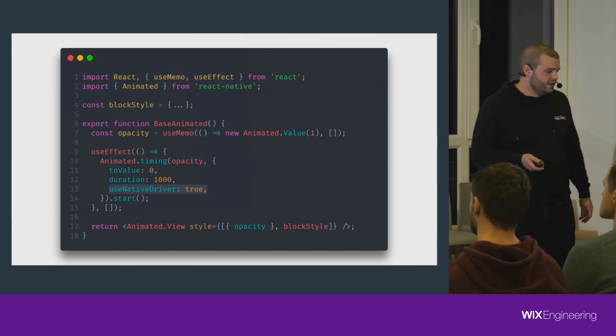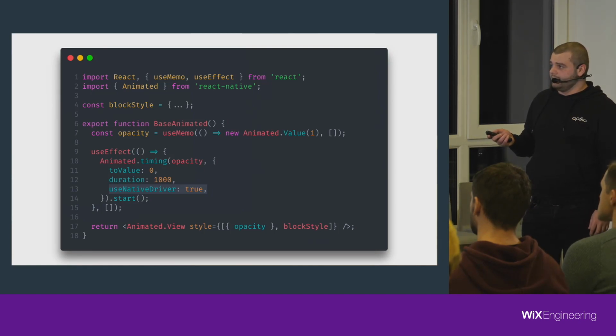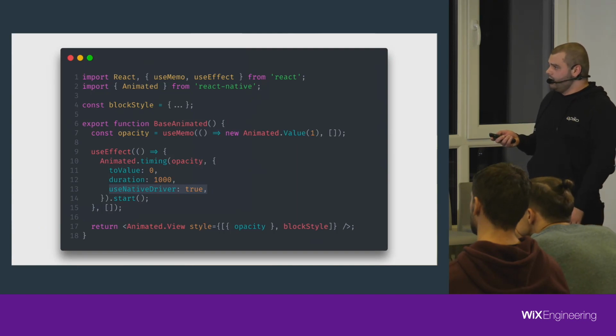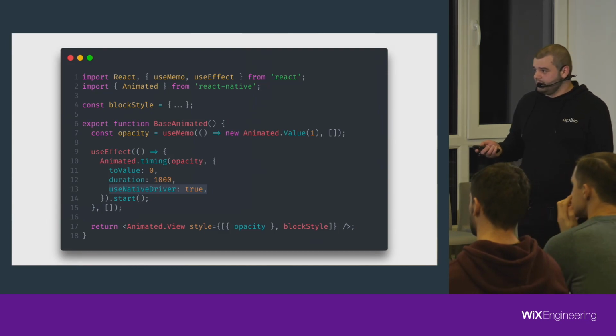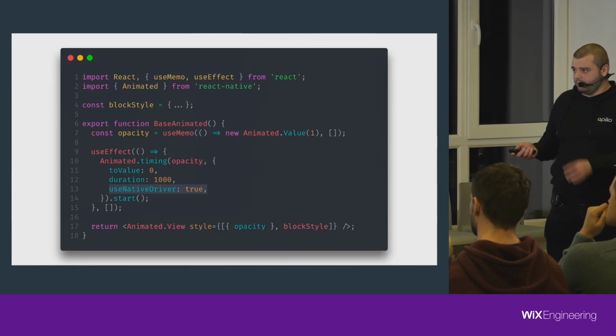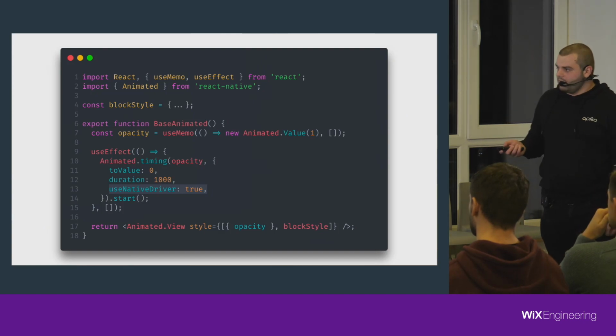So basically, you have the Animated import from React Native. Then you have some kind of animated value you created and pass the value. Then we animate that using Animated.timing, and don't forget to call start because I always forget. The most important thing here is useNativeDriver.